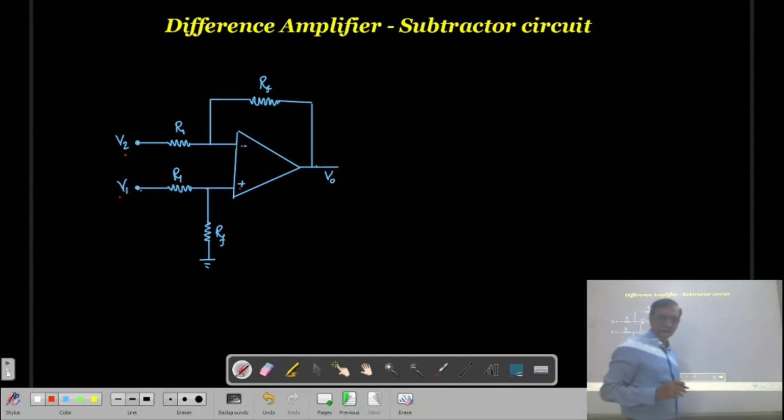Now I already mentioned in a previous lecture also, whenever we have two different potentials at two different terminals, then you can find out the output voltage by applying the superposition principle. So if you have more than one source, then you have to apply the superposition principle. What is the superposition principle? One of the sources will be connected to ground and find out the output voltage due to V2. Then if V2 is connected to ground, then what is the output voltage due to V1?